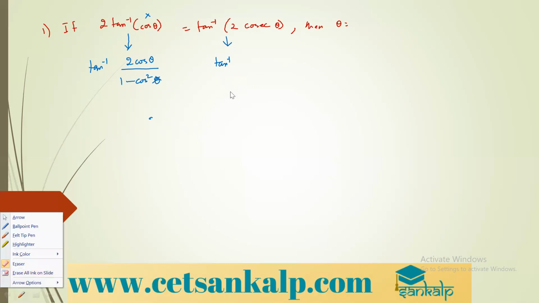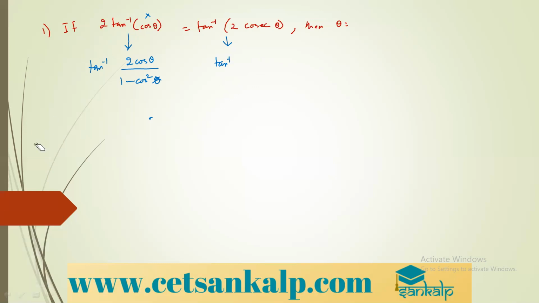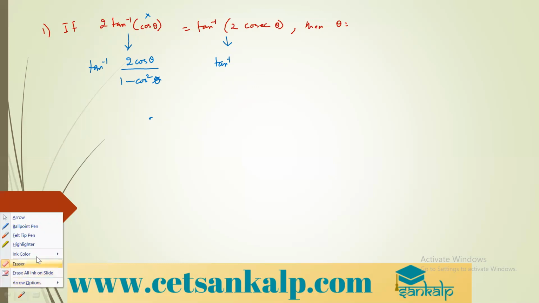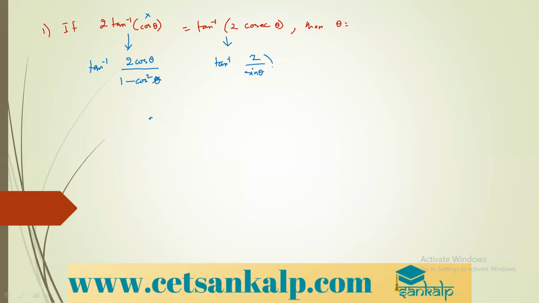On the right hand side, I can write 2 by sine theta, isn't it? Because these two are equal, I'll remove tan on both the sides. So 2 cos theta, now I will write denominator sine square theta, equal to 2 by sine theta.